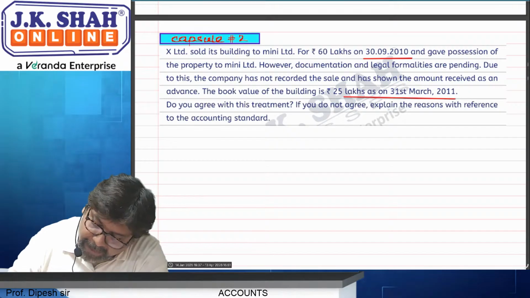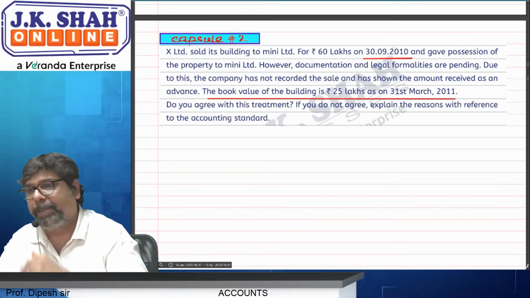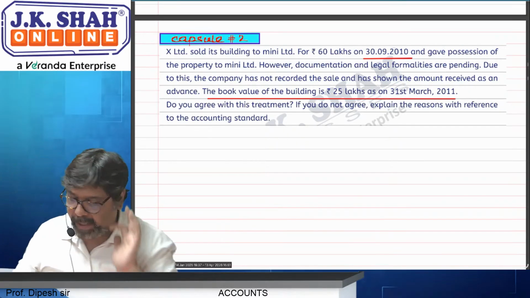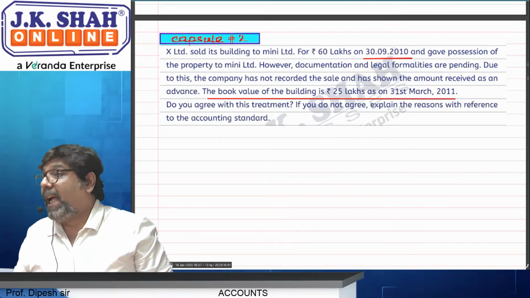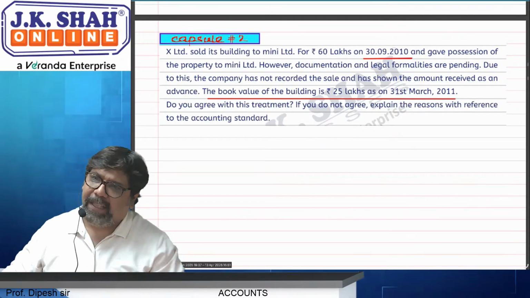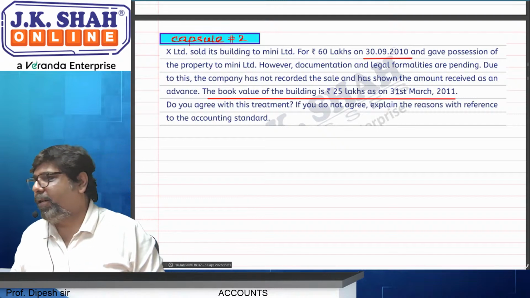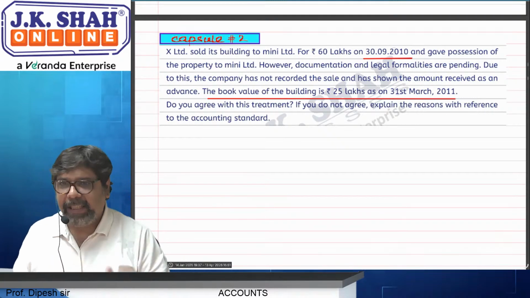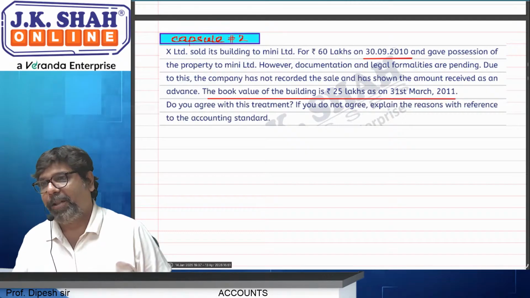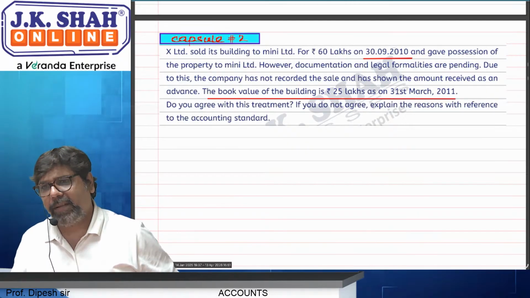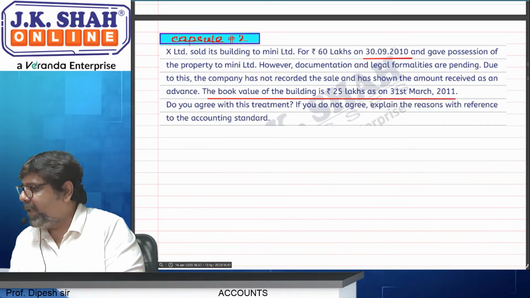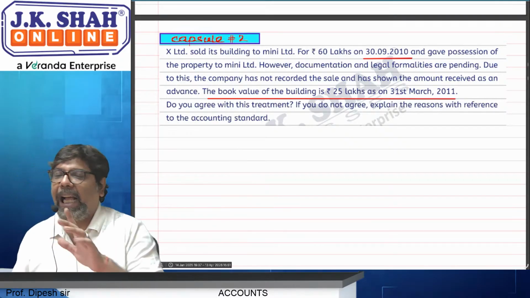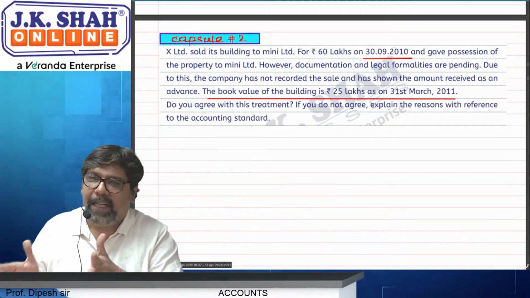I have already transferred the possession of the building on 30th September, and he has already given me 60 lakhs. Legally, has the sale happened? But in substance, yes, he took the money, I have given the property, the sale has happened. Should I account on reality basis or legality basis?